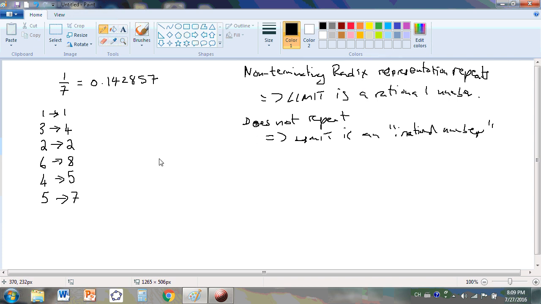But now let me show you an example here of a special kind of prime number, and in fact this property is held by all prime numbers. It's the property that the remainders are mapped to the representation that you see which repeats. So for example, 1 is mapped to 1, 3 to 4, 2 to 2, 6 to 8, 4 to 5, and 5 to 7.